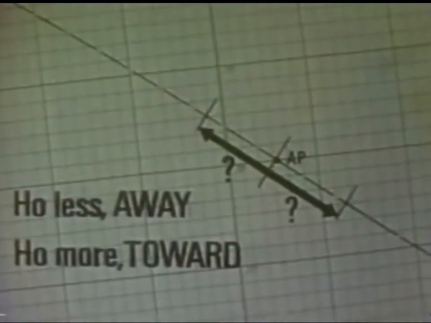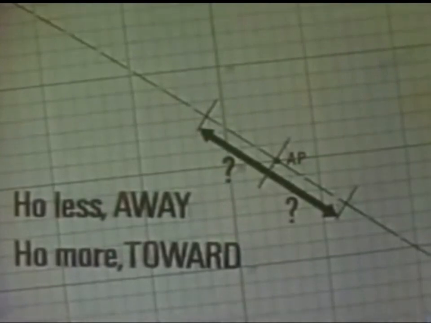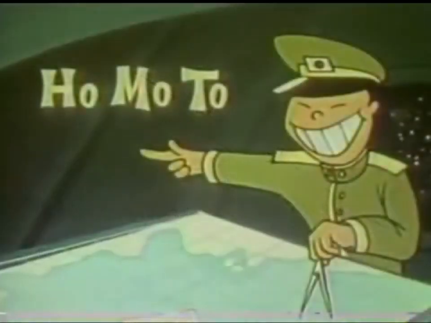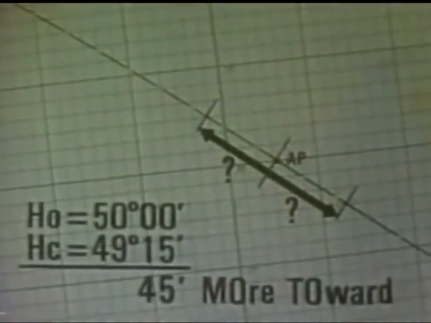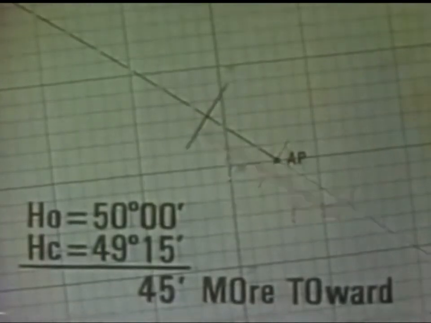Just remember Ho, mo, to. Ho, more, toward. Think of the happy Japanese navigator, Lieutenant Homo-to, smiling over your shoulder. In this case, HO is 45 minutes of angle more than HC. Remembering Homo-to, you know you are 45 nautical miles toward the GP of the celestial body.